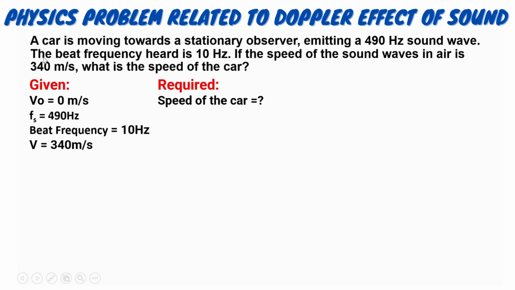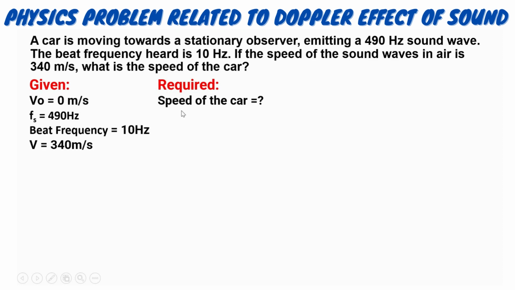And the next statement is the beat frequency heard is 10 Hertz. So this is the beat frequency heard by the observer. And the speed of sound is given in the problem, which is 340. For the required, we are asked to get the speed of the car.